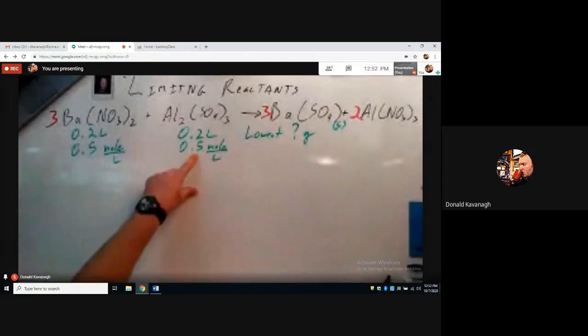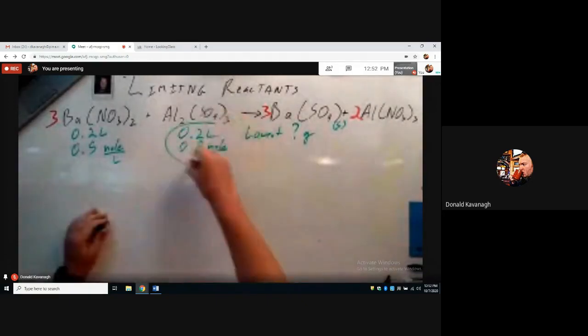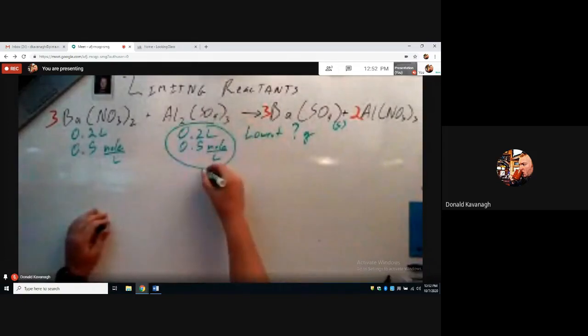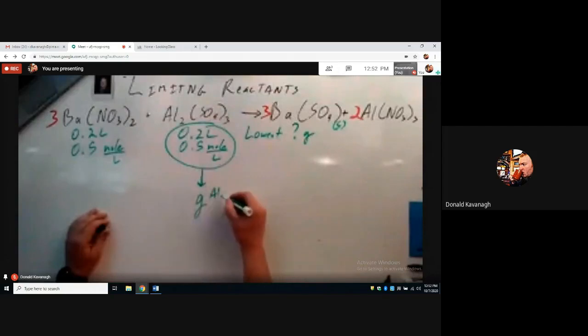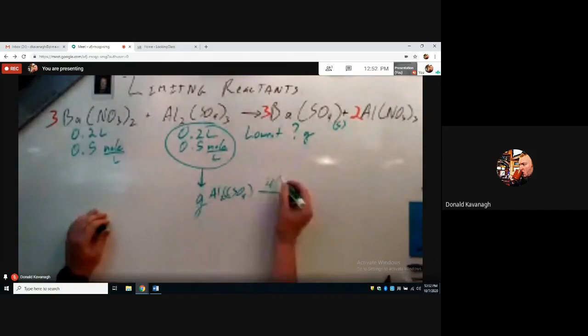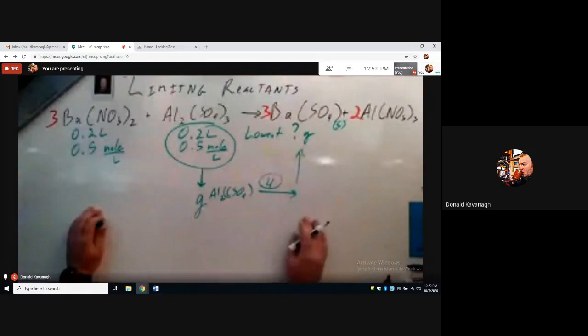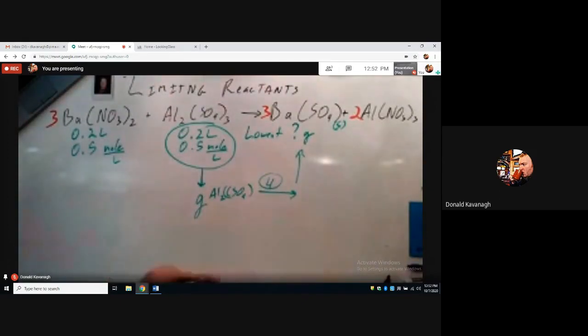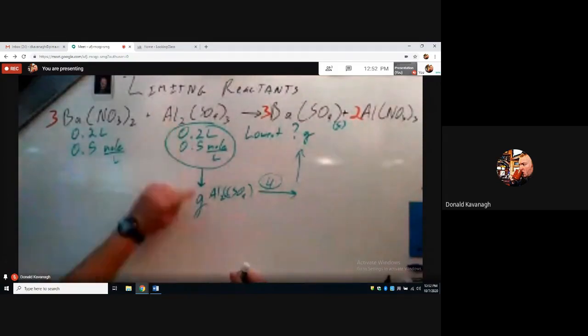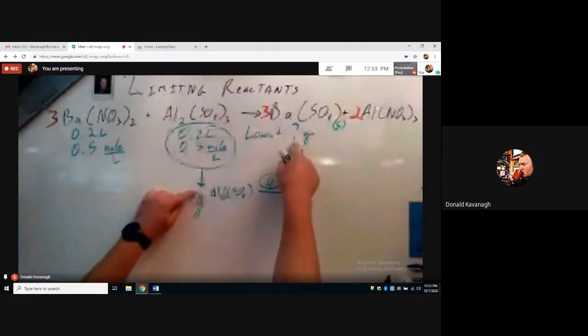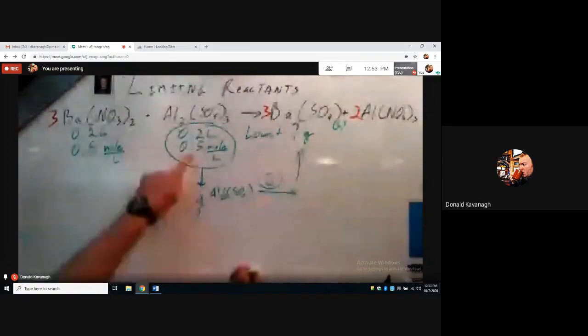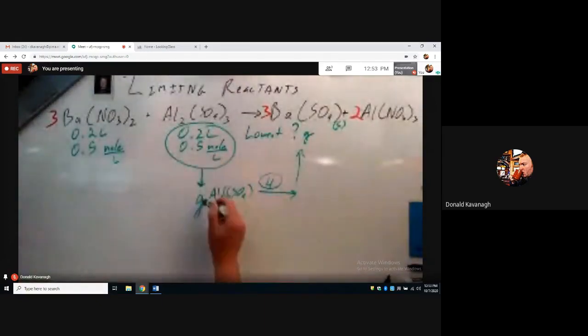The plan here is to take these numbers, figure out how many grams of aluminum sulfate are present, and then through a 4-step process, figure out how many grams could be produced. That's going to be figuring out, if we have this much meat, how many sandwiches can we make?